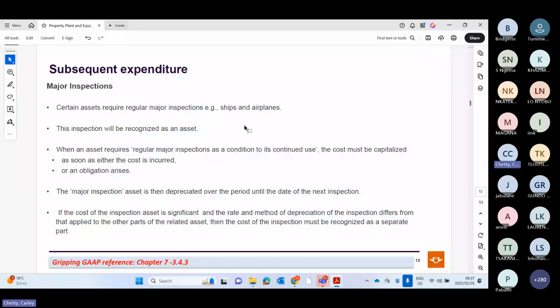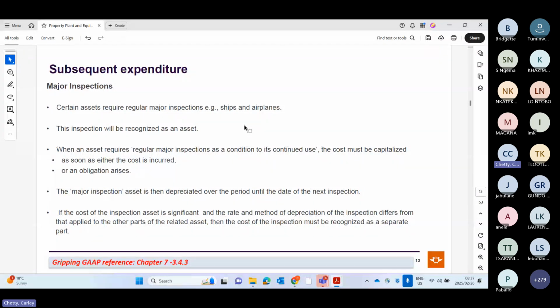So take, for example, an aeroplane. If an aeroplane needs to be inspected every 2 years, the inspection assets will be depreciated over 2 years. But the rest of the plane could be depreciated over 10 years or 20 years, depending on how long it is expected to be used for. Okay, so let's have a look at an example.